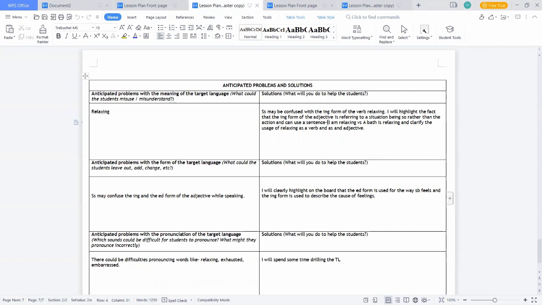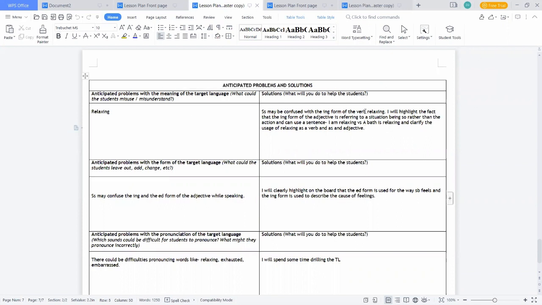I had a plan ready. These plans, I mean, it's best if you don't need to use them, but inevitably you'll find students get confused in a lesson, and it always happens. So you have to be ready with a solution to the problem. What will you do to help the students understand the meaning properly?